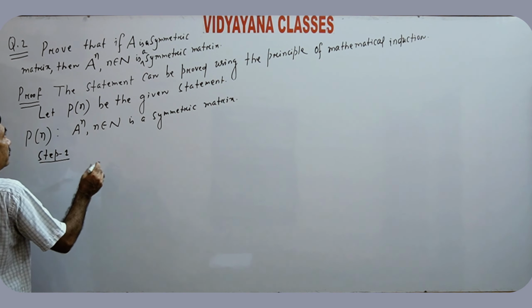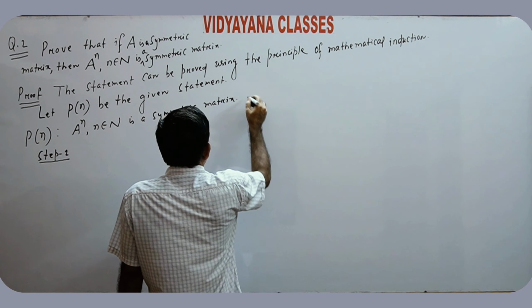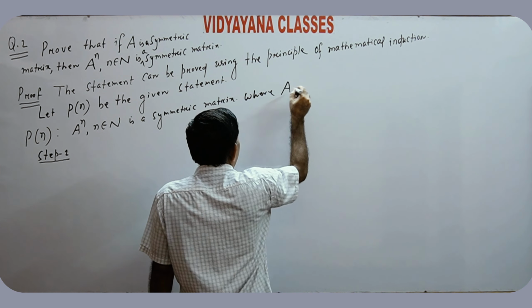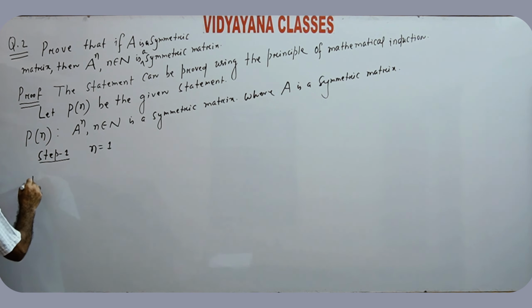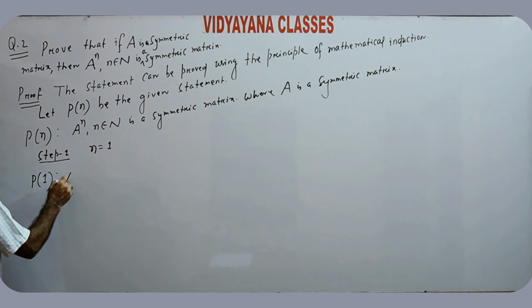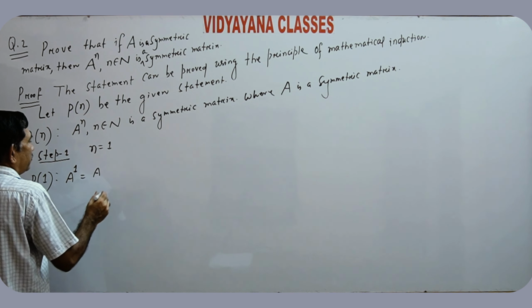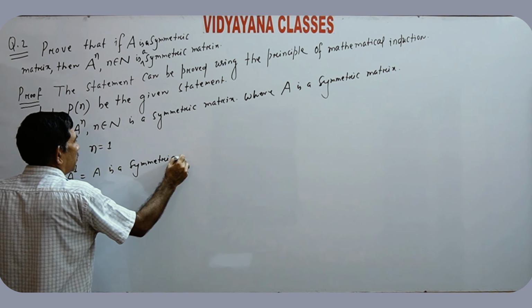Step 1 for n is equal to 1. P1 so that A to the power 1 is equal to A, given A is a symmetric matrix.